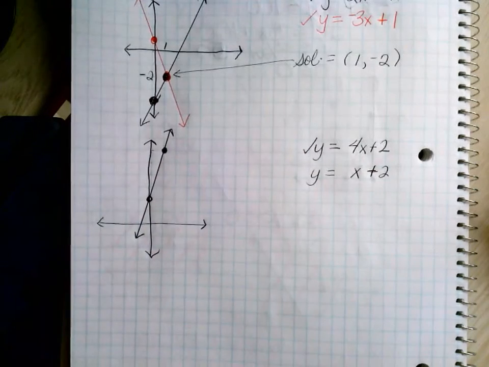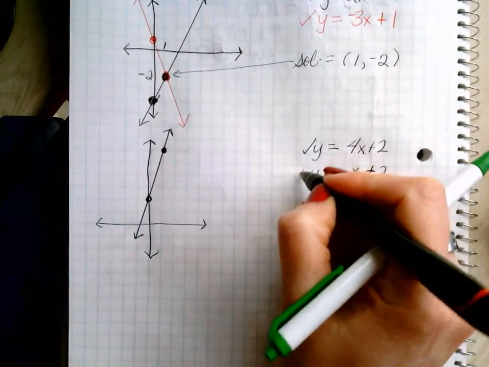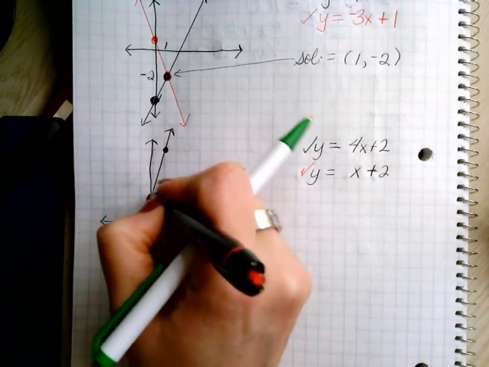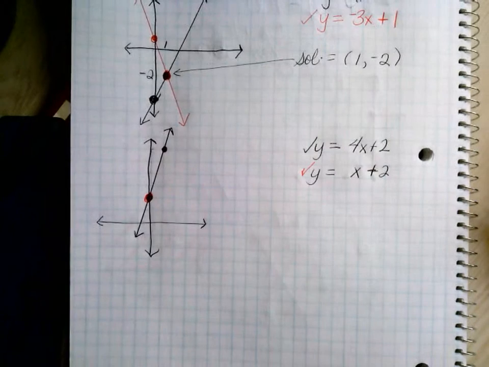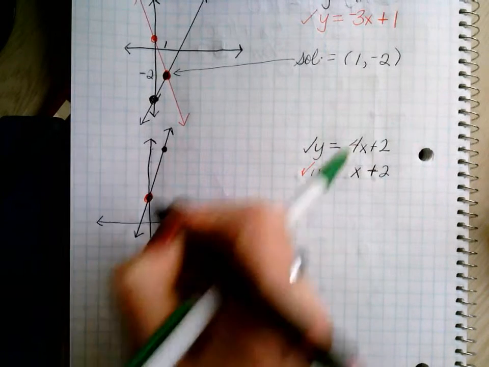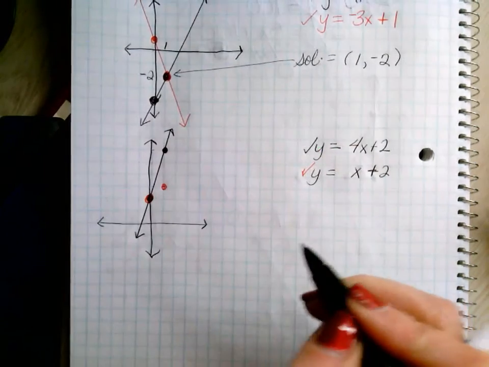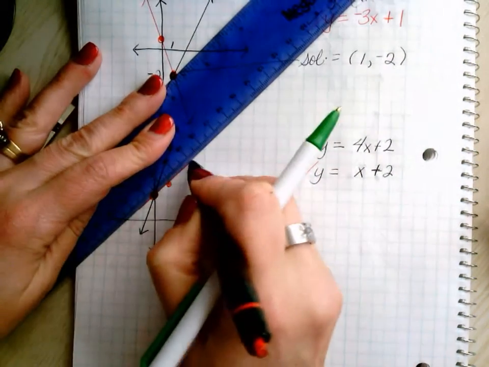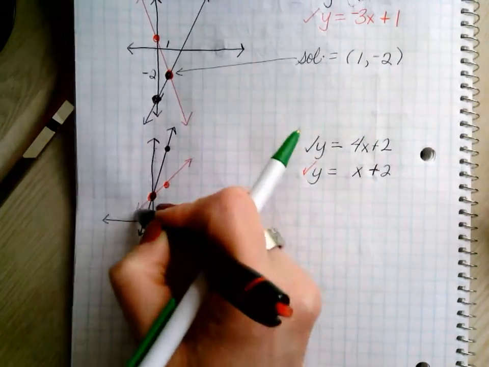Second one. What's the y-intercept? 2. Oh, look, there's the solution. And the slope is 1, which means up 1, right 1. There's your line.